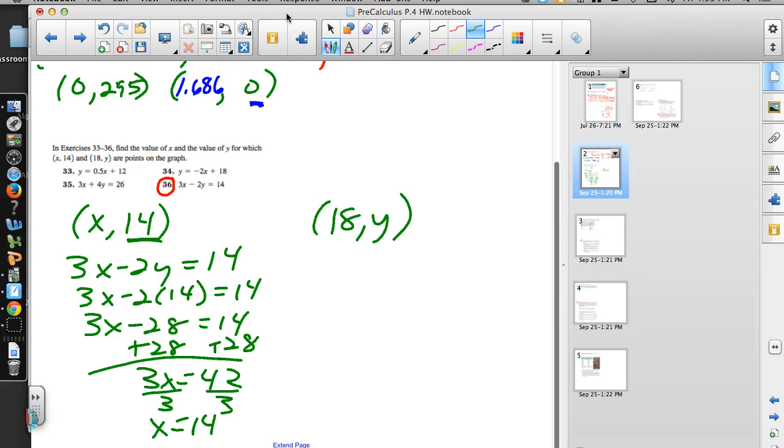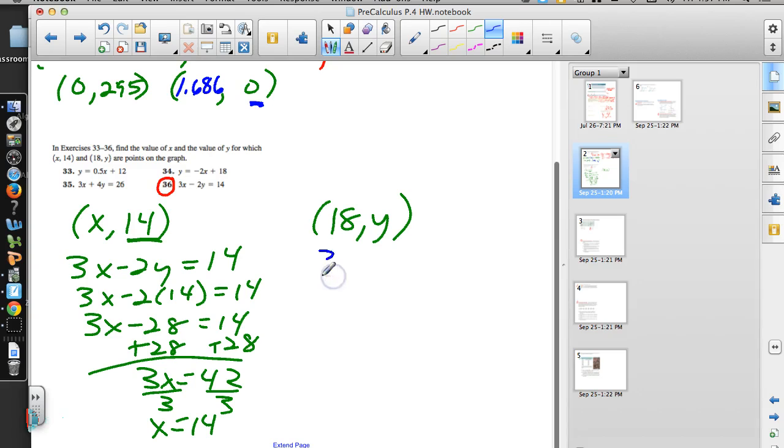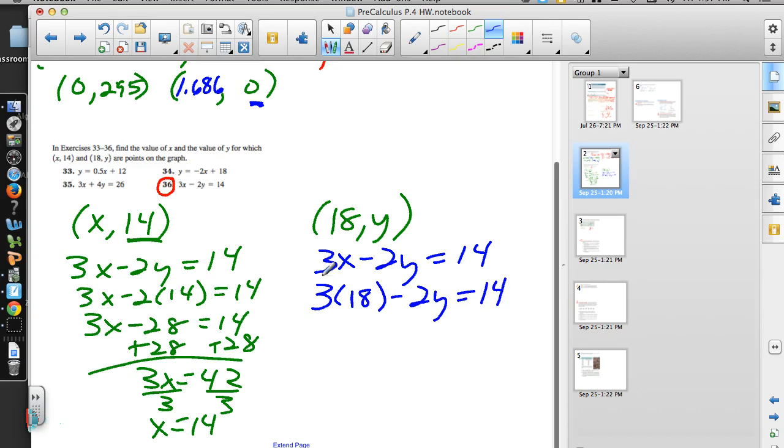and x is 14. Then for 18, for the second portion of this, we have 18 in the x position. So 3 times 18 minus 2y equals 14. And 3 times 18 will give us 54.